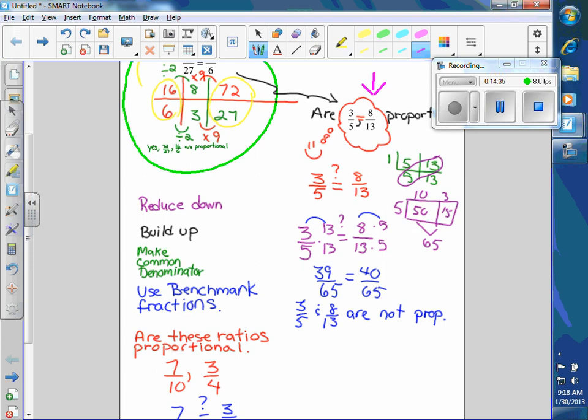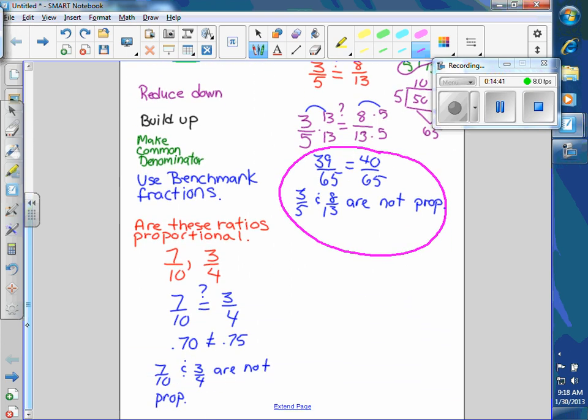Once we got the common denominators, we could answer the question. Third example, we used benchmark fractions. Once we got to the benchmark fractions, we could answer the question. So your job is to pick the easiest way. Always try to go to the easiest way.